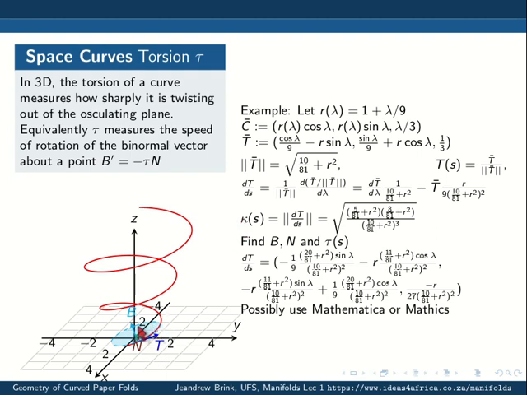So this little blue circle is my oscillating circle, and then B is the binormal vector. You can see the oscillating circle fits the curve very well at the point, and then this red curve tends to curve up away from the oscillating circle. The degree to which it curves up is measured by this tau of s.